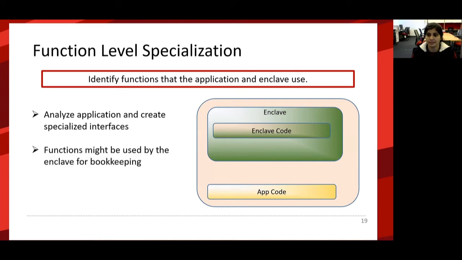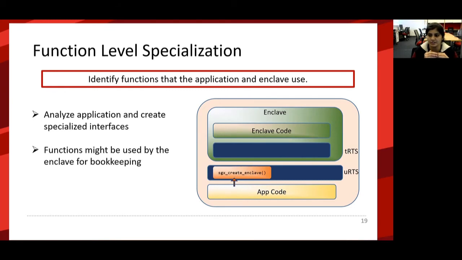For example, the application uses the function that creates and initializes SGX enclaves, but it might not use a function which is used to get the SGX's metadata. However, because this function might be used for actual enclave management and bookkeeping purposes, it cannot be entirely removed from the application's address space, so it cannot be erased.